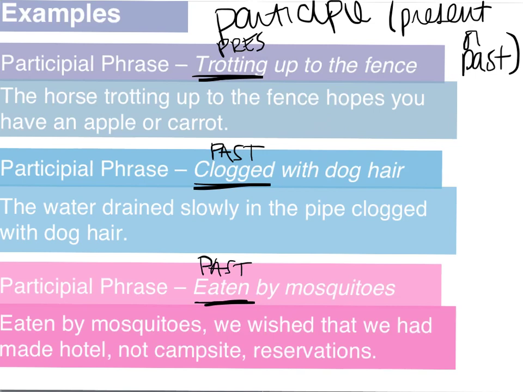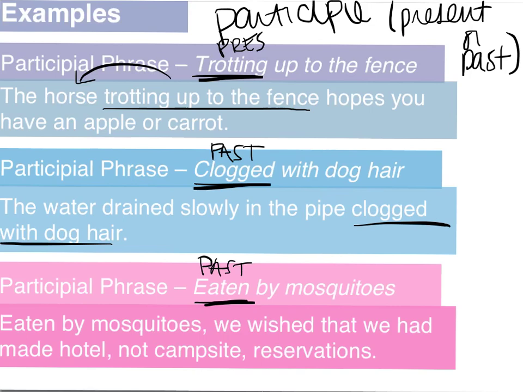Part of this is because this participial phrase almost acts like an adjective to the horse, so in this case, the commas are not necessary. And same here with the water drained slowly and the pipe clogged with dog hair. A comma isn't completely necessary here since this is an add-on modifier.